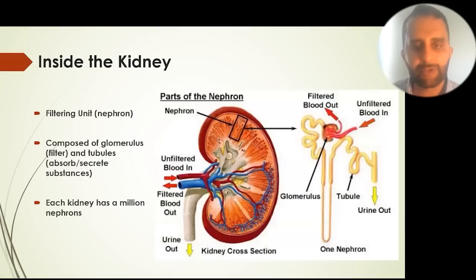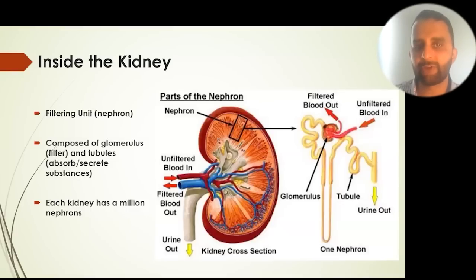The kidney is basically a giant filtration organ. It does a lot of other things besides filtration, but you can kind of think of it as a giant filter. It's composed of components called glomerulus and tubules. These glomeruli and tubules filter and then absorb and secrete substances to help with sustaining life.